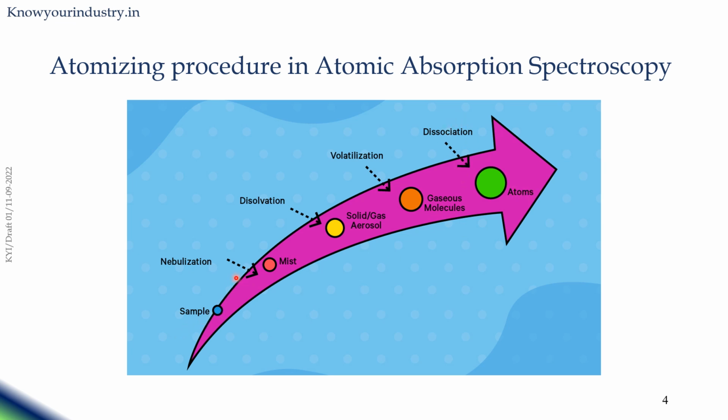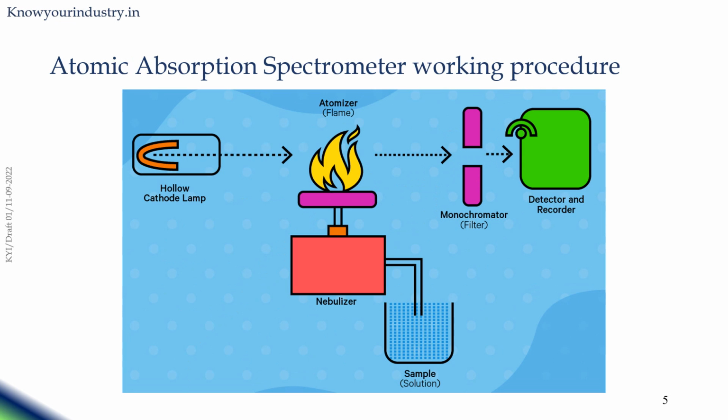So the sample gets nebulized to form a mist, undergoes dissolution with the solid gas aerosols, and gets volatilized in a high energy source to form gaseous molecules. These will be further dissociated to atoms. So this is the basic atomization process that happens in atomic absorption spectroscopy.